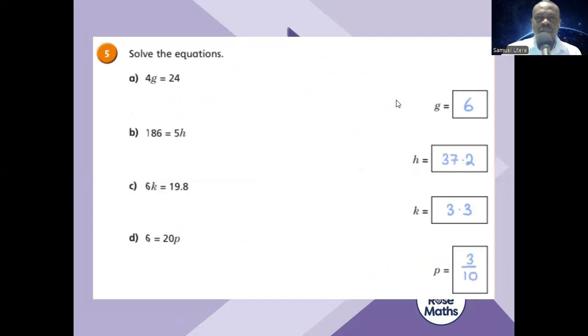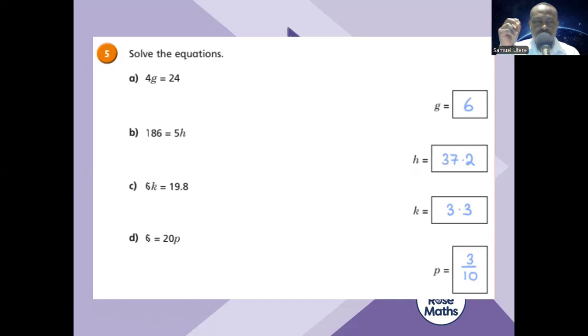Here is the answer to question 5. Here you're told to solve the equation. By now, when you really get used to the bar model, you may find that you don't even use it anymore because you just know that to get G is 24 divided by 4.